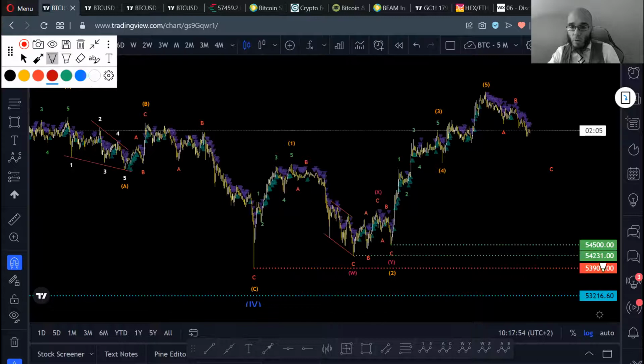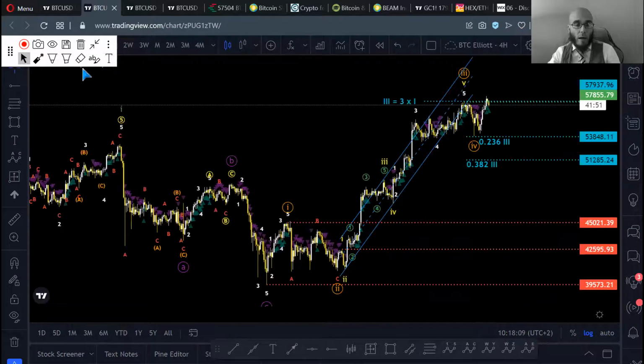So I took the 53,909 level as my stop loss level for my last trade, where I'm expecting us to accomplish wave 5 up.